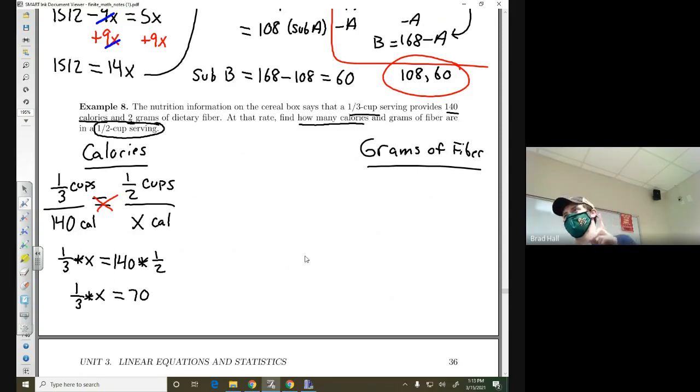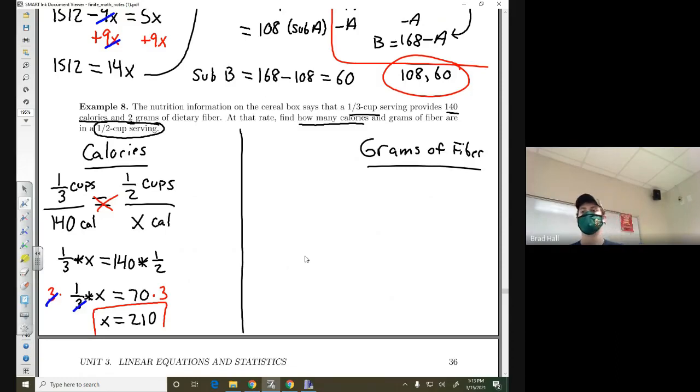Just have to do one more thing. Just multiply 3 on both sides. There's that pesky 3 in the denominator. We need to get rid of that. Pesky 3 goes away. X is 70 times 3, 210. So that's the calories. So that's one part.